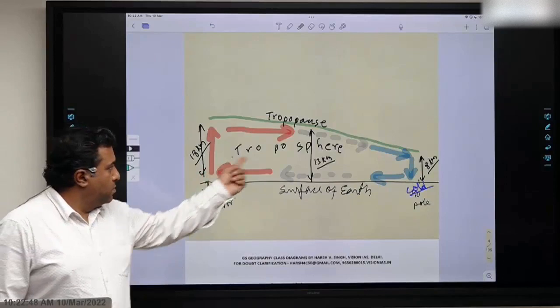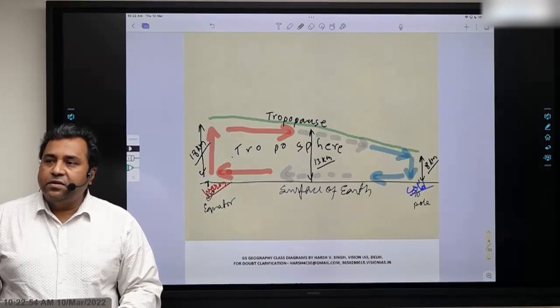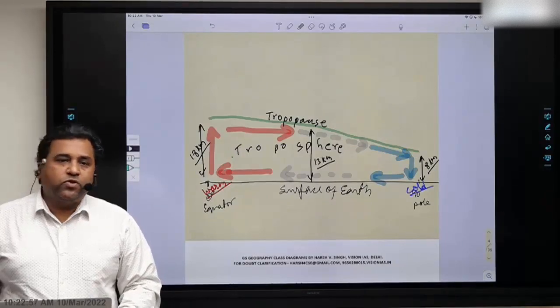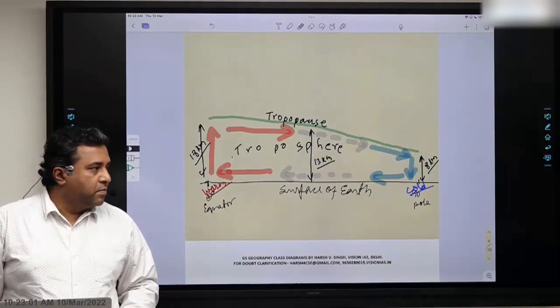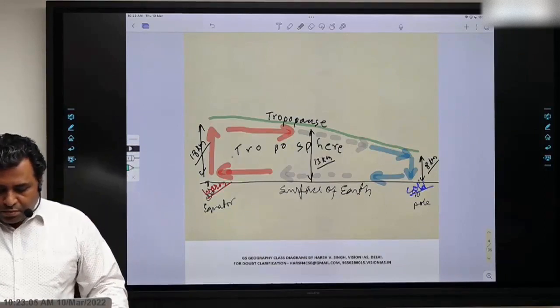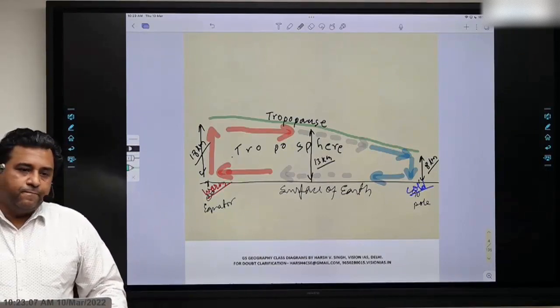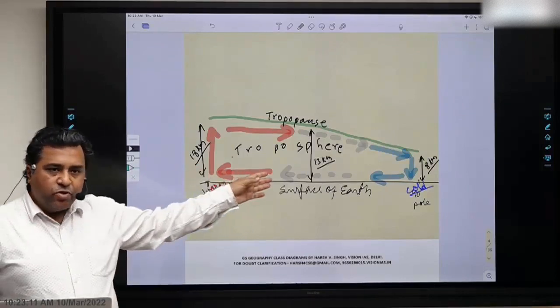And hence the region is known as troposphere, the region of mixing. Now heights and all I'm not dictating because it is already shown in the diagram.